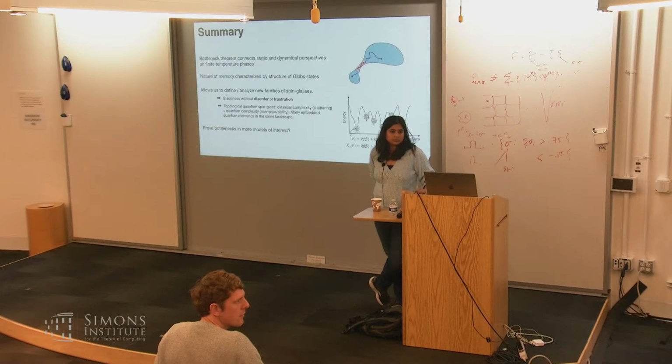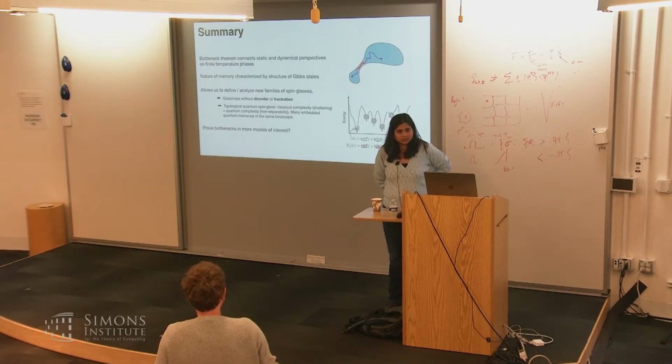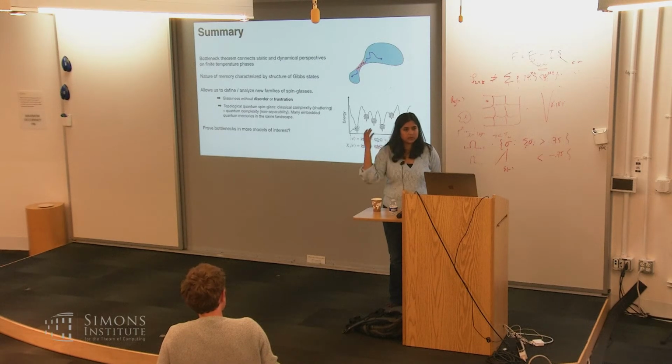Do you mean numerically, compared to numerics, or compared to upper bounds? You can get the right scaling. We applied it to good LDPC codes with these linear barriers, and we argued also for stability. If I'm talking about these phases, I also want to say that it's stable, so I wanted to say that the bottlenecks are stable and Gibbs states are stable. We got the right scaling for those, but I don't know about prefactors of those scales.